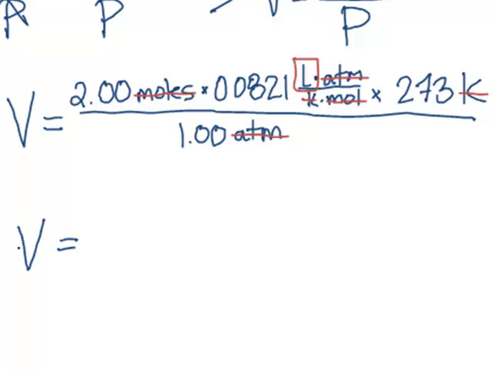So my volume is 2 moles times 0.0821 times 273 Kelvin divided by 1. The answer I get is 44.8 liters. These really are just plug and chug calculations, but watch out because your units have to cancel.